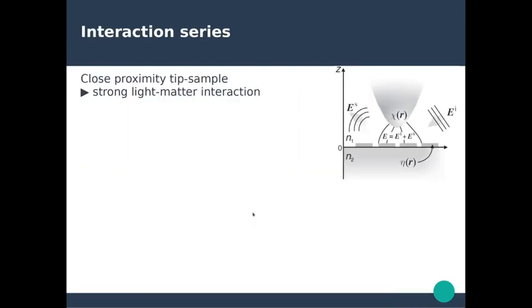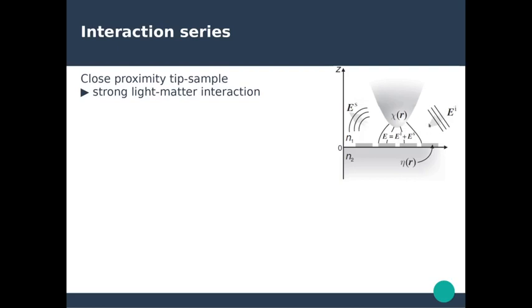So let's look at light-matter interaction processes in the framework of a tip-sample system. This is something very general. If you have a tip which is composed of a certain medium with electric susceptibility chi, and you bring this tip in close proximity of a sample, here you have a set of scatterers which are composed of a certain electric susceptibility eta, and then you send this optical excitation.